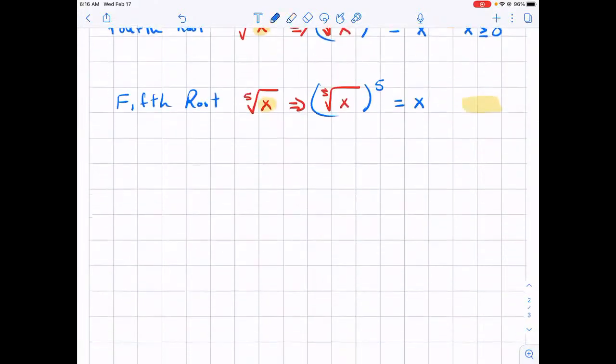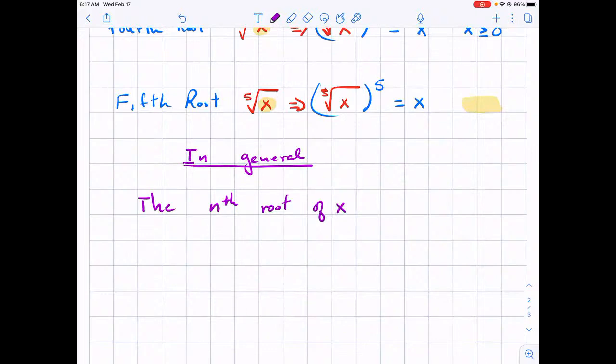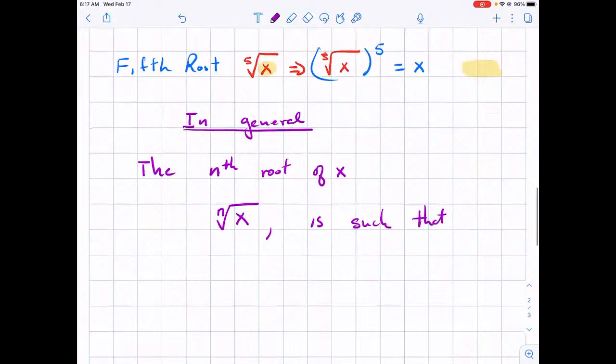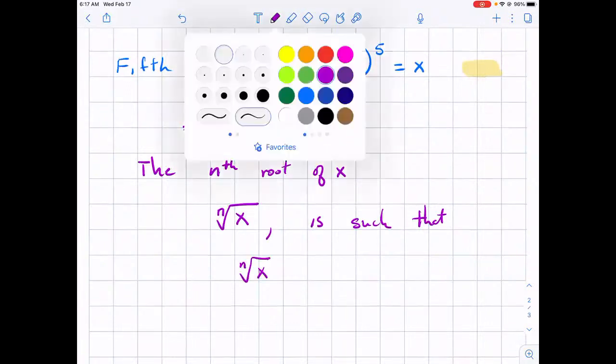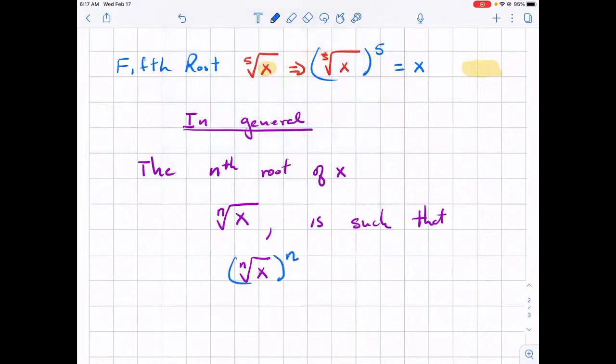So in general, we say the nth root of x is such that the nth root of x, if we raise this to the nth power, is equal to x.